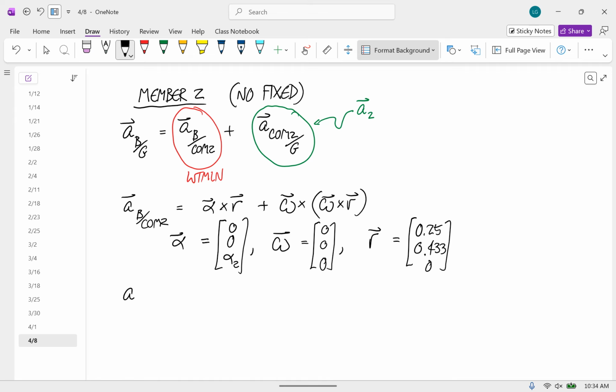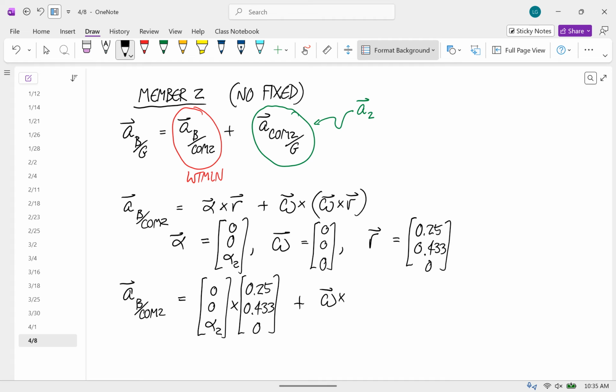So the acceleration of B relative to the center of mass of 2 is equal to 0, 0, alpha 2 crossed with 0.25, 0.4330, plus this stuff that goes away.